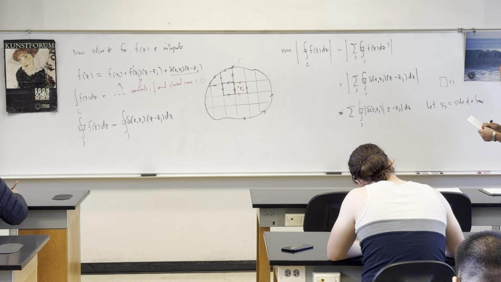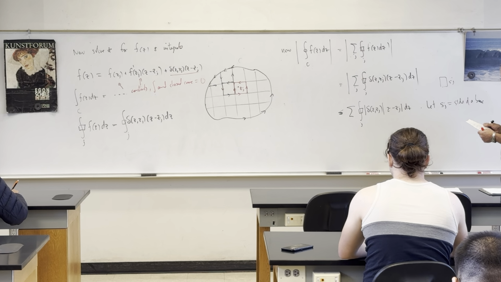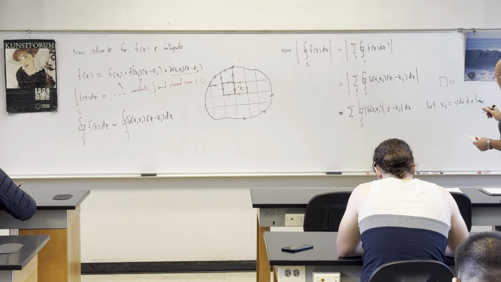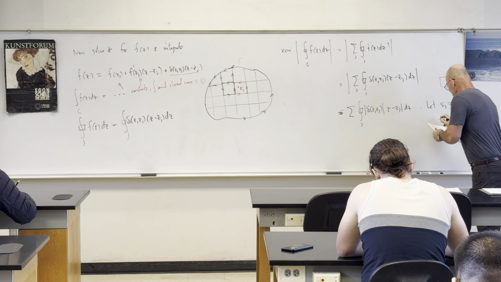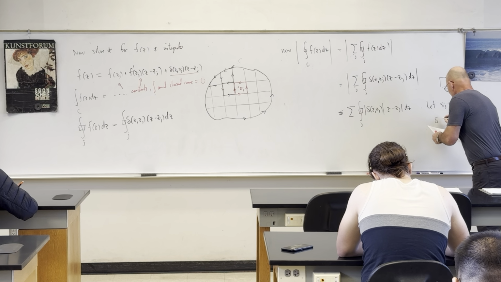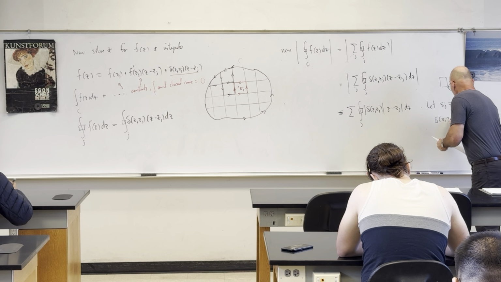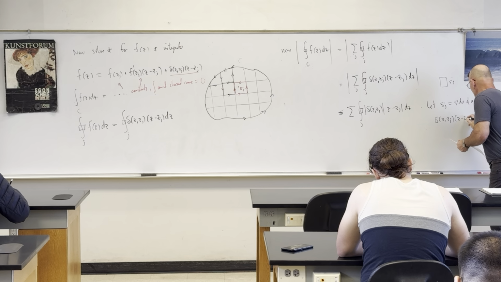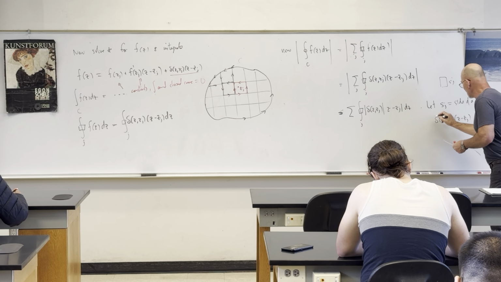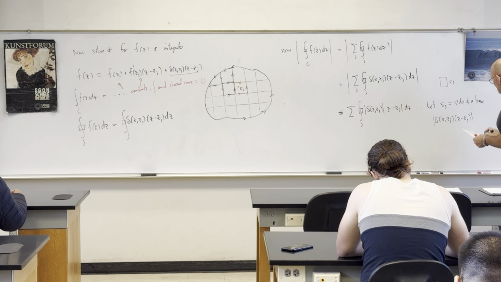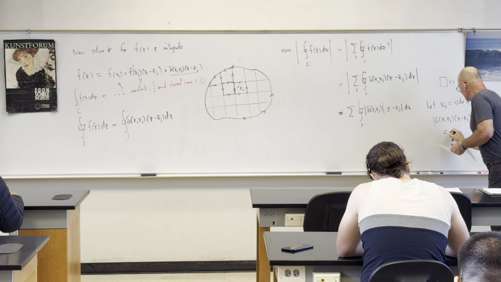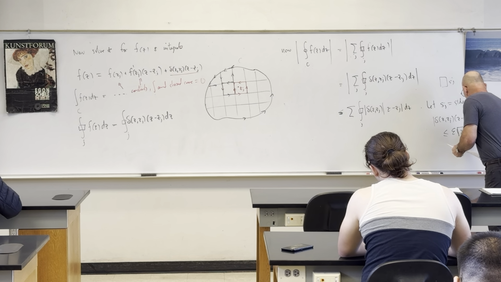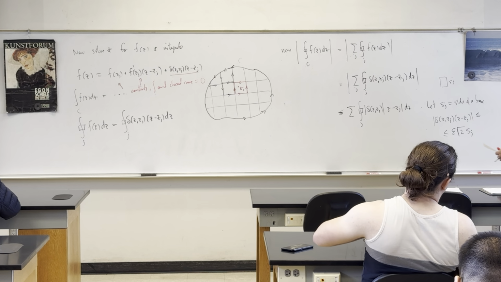Then the magnitude of delta z sub j times z minus zj is going to be less than or equal to epsilon times square root of 2 s sub j.